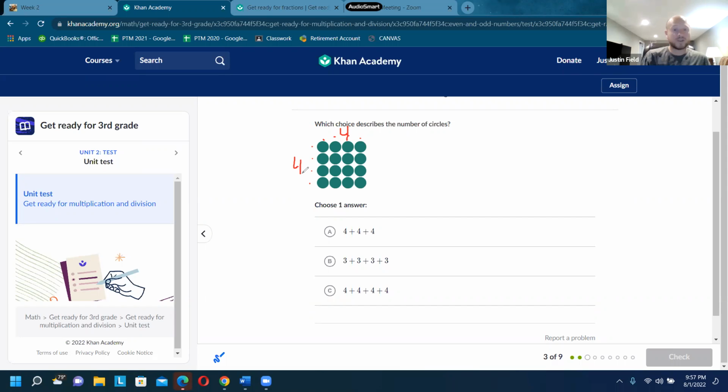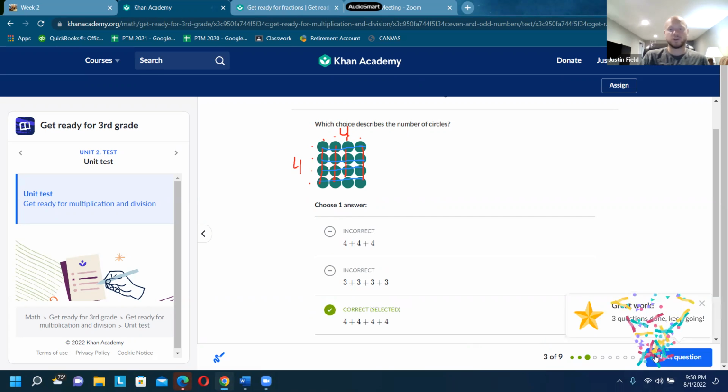So we can think of this as 4 plus 4 plus 4 plus 4. Whether you go down or whether you go across, there are 4 4s. So which choice shows us 4 4s? You should be saying C because there's 4 4s there.